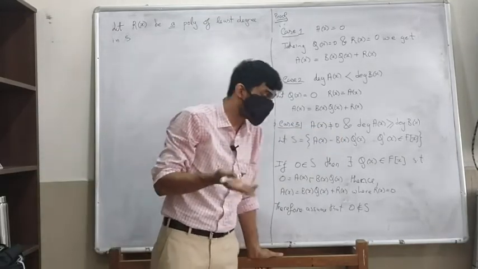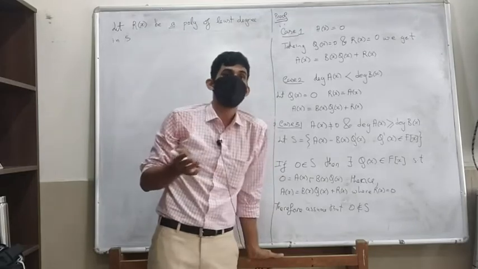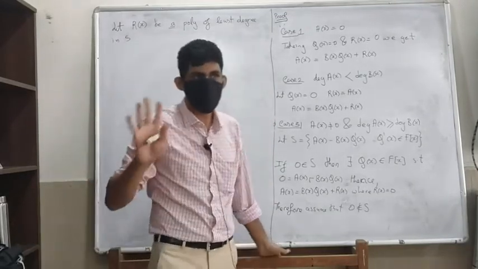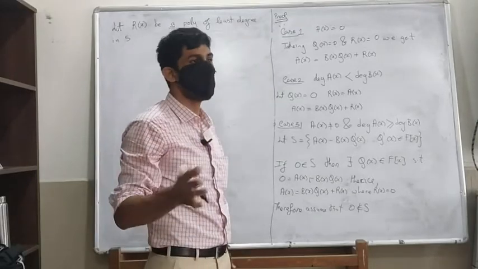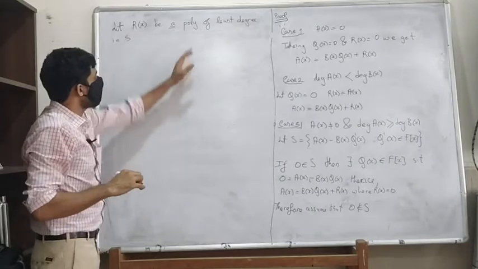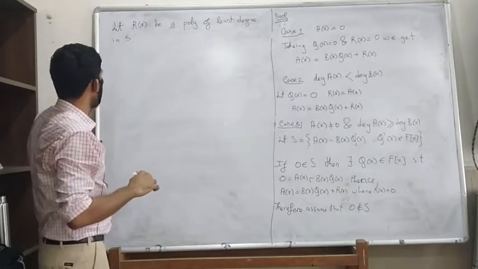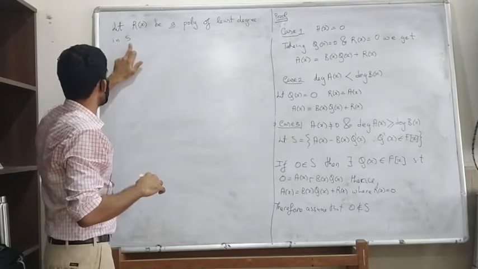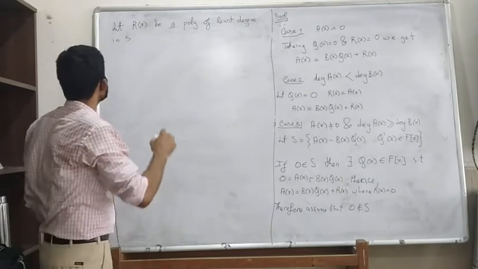It's not necessarily a subset of natural numbers, it is a subset of whole numbers, natural numbers union 0. Every non-empty subset of whole numbers also has a least element. So R of x is a polynomial of least degree in S.